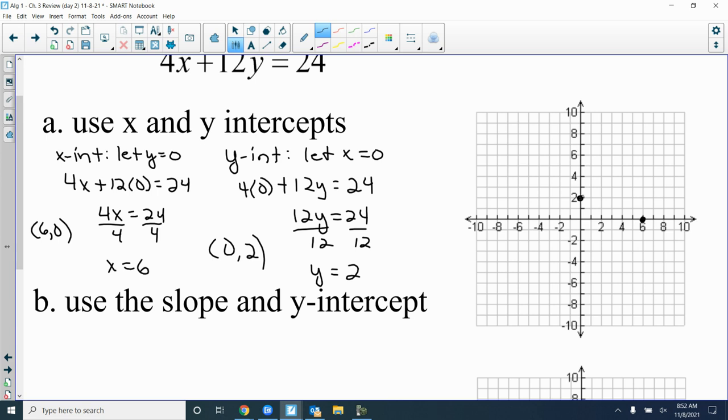And then 0, 2. And this is all you have to graph. That's it for this one here. Make sure when you draw your line that you put arrows on it. Got to do that, because it keeps going. It doesn't stop at those 2 points. In this case here, it goes all the way through.